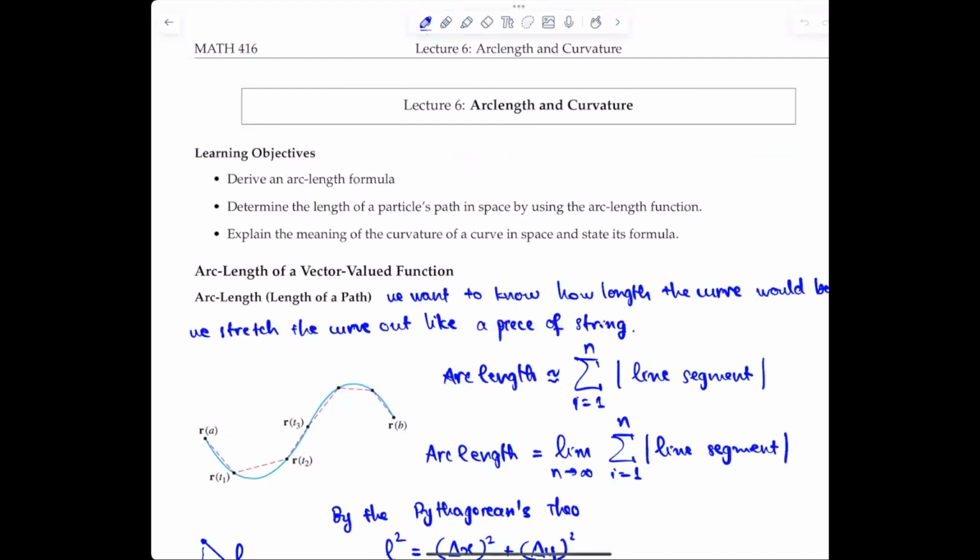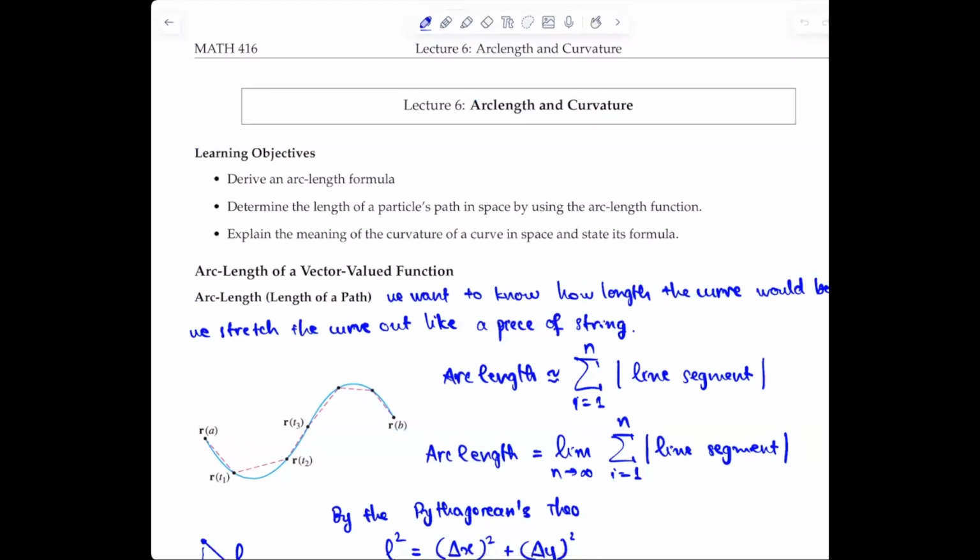So last time we started talking about arc length of the vector valued functions. Let's say you have a vector valued function at this point. That is the graph of the vector valued function, and we want to measure the arc length of that function. The idea is that we can approximate the arc length by partitioning the curve into multiple points and finding the length of the line segment connecting 2 points.